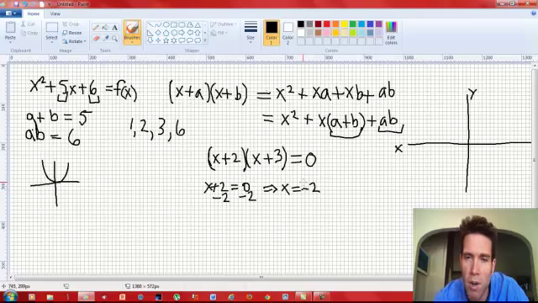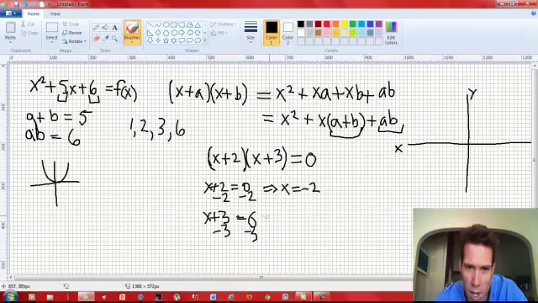This will be one of our x-intercepts where the graph crosses the horizontal x-axis. And the other one, same thing, x plus 3 equals 0. So we'll subtract 3, and we have x equal to -3.